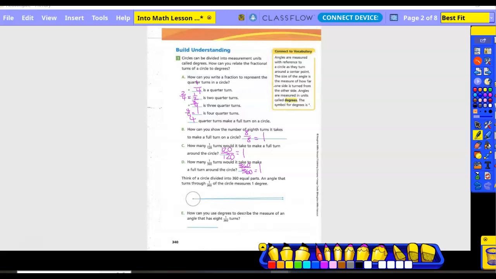So how can you use degrees to describe the measure of an angle that has 8, 1/360th turns? Let me restate that. How can you use degrees to describe the measure of an angle that has 8, 1/360th turns? So how many degrees would that be? 8 degrees, right?